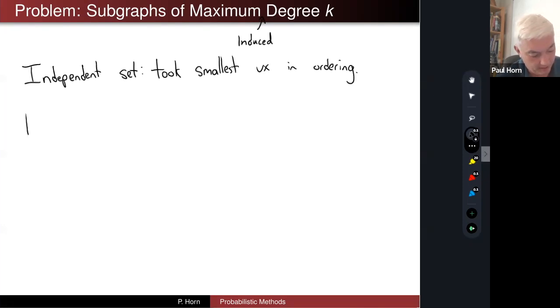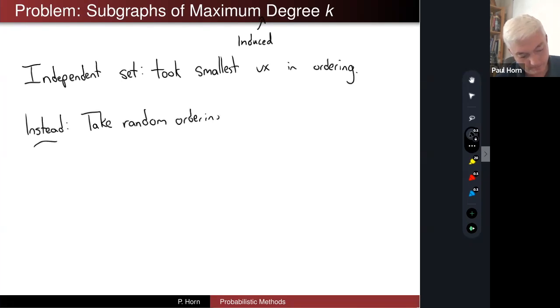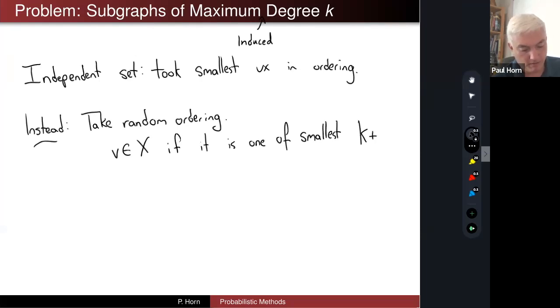What if instead I take a random ordering and I take V in X if it is one of the smallest k plus 1 in the ordering in its neighborhood.